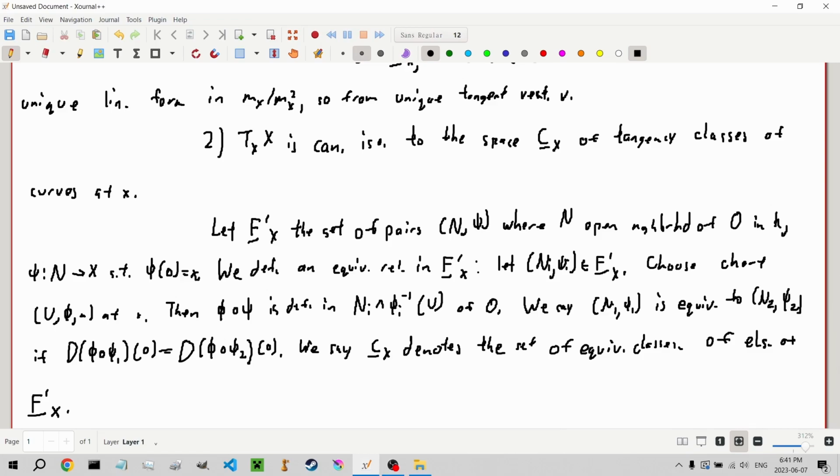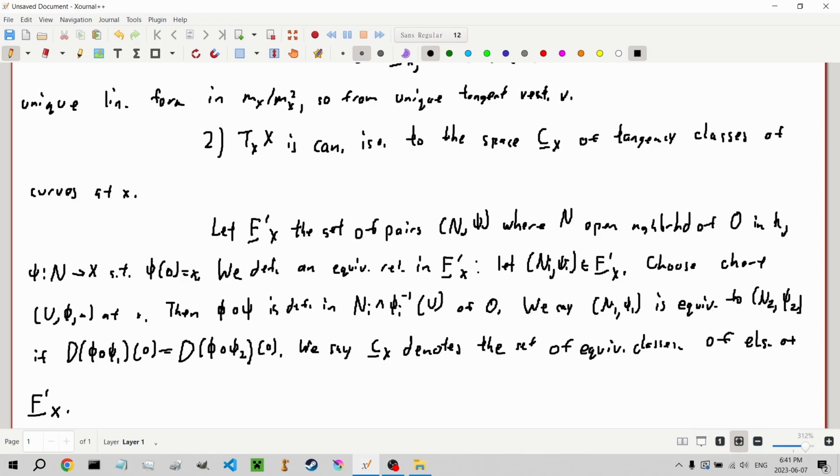So we're essentially looking at the derivative of our maps on the manifold and setting up our equivalence classes to be these maps with the same derivative at 0.